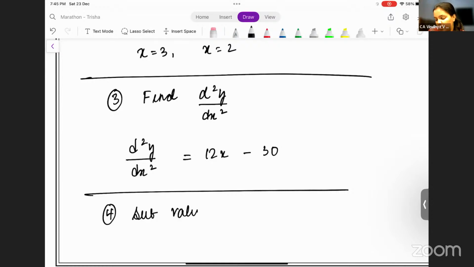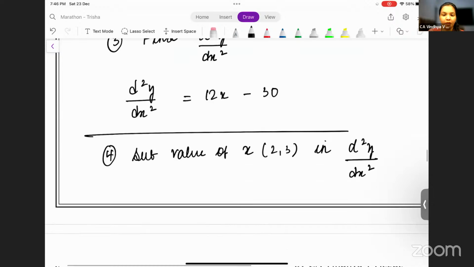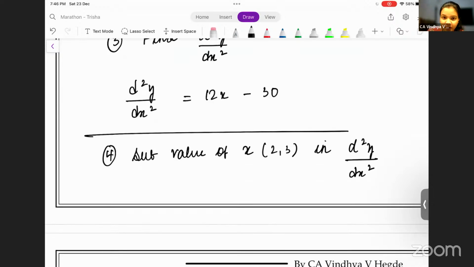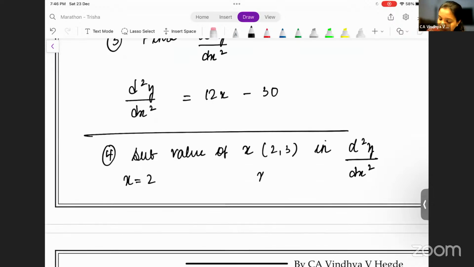Substitute the values of x, that is 2 and 3, in d²y/dx². First, let's take x is 2. Then let's take x is 3. So you have 12 into 2 minus 30, and 12 into 3 minus 30. 12 into 2 minus 30 is minus 6. And 12 into 3 minus 30 is plus 6.